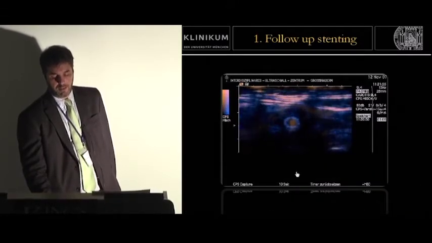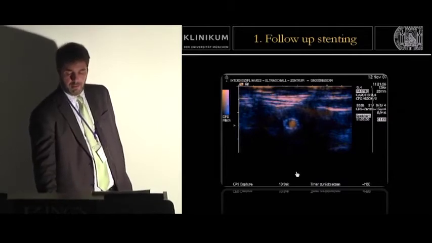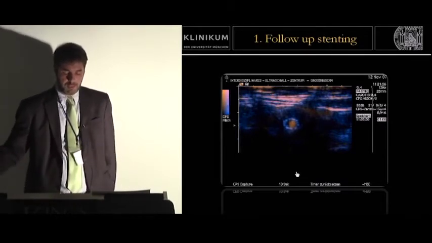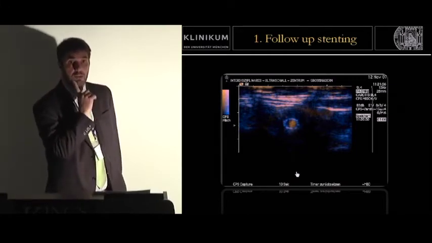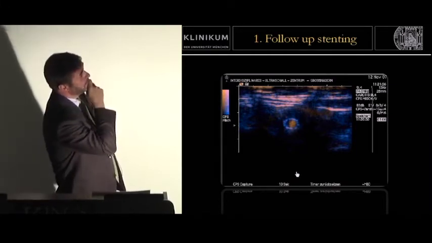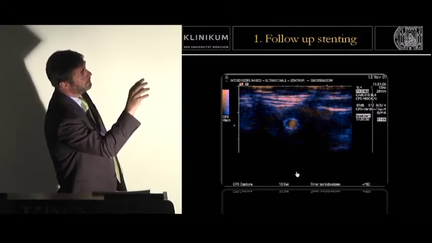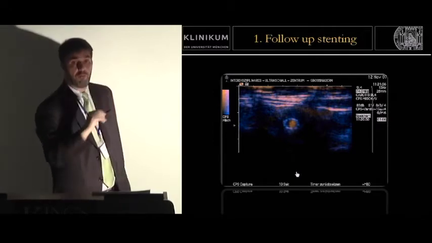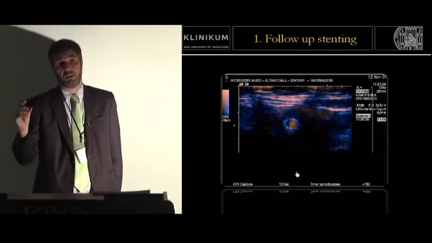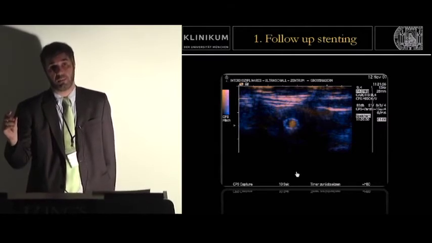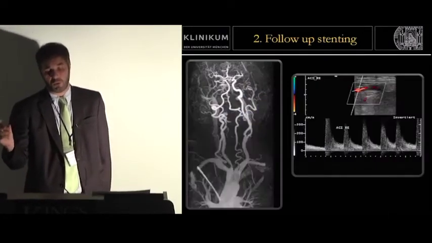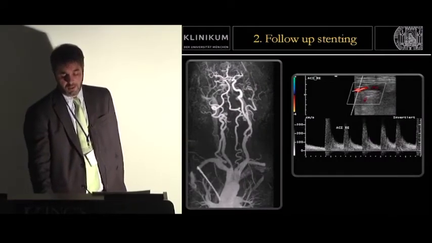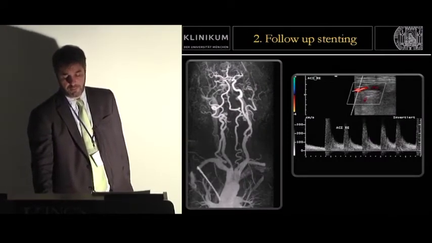If I magnify the image again and scan the complete stent graft, you see how much lumen is missing contrast uptake. That means this patient has at least 40% of the lumen as a stenosis inside. And this kind of stenosis is very easy to miss if you don't use contrast enhanced ultrasound.